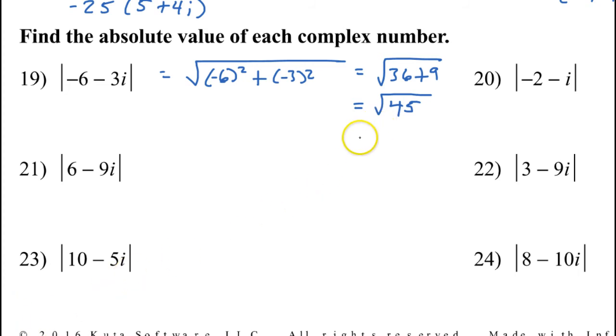And then simplifying further, square root of 45 is the square root of 9 times the square root of 5. So that is going to be 3 radical 5. So that's the answer to number 19, will be 3 radical 5.